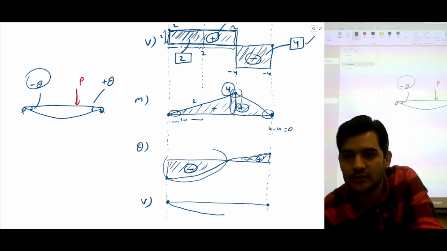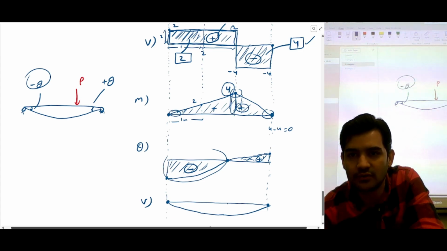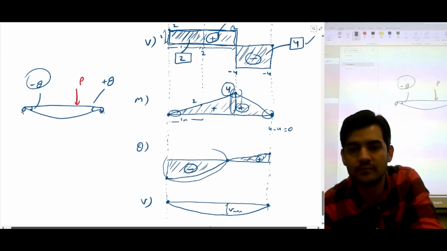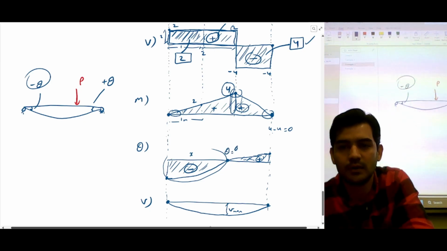And then it's positive after, so it's going to start to go up. And at this point where the bending angle is 0, you're going to get the maximum displacement, at bending angle equal to 0. But we don't know this distance.